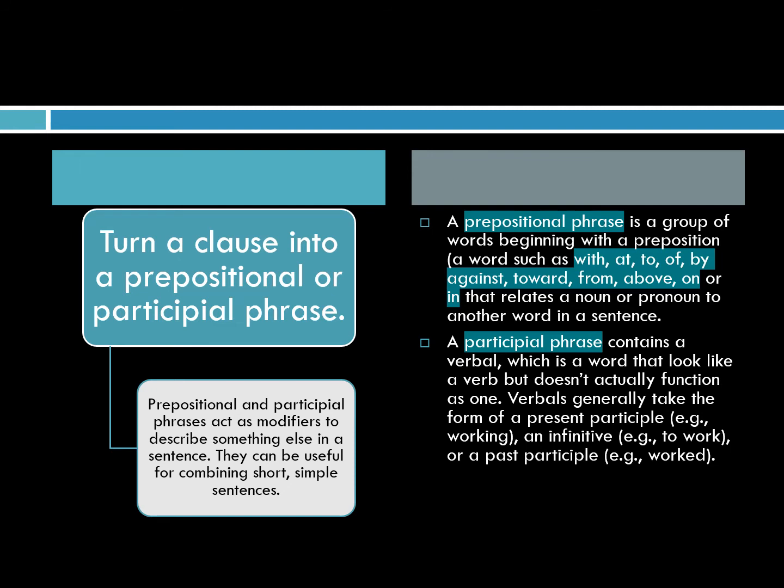A participial phrase contains a verbal, and I'm so sorry, this textbook's quite dense. A verbal looks like a verb, but it isn't actually functioning as a verb. So they take on the form of a present participle or an infinitive, so for example, working, or to work, or a past participle, worked.